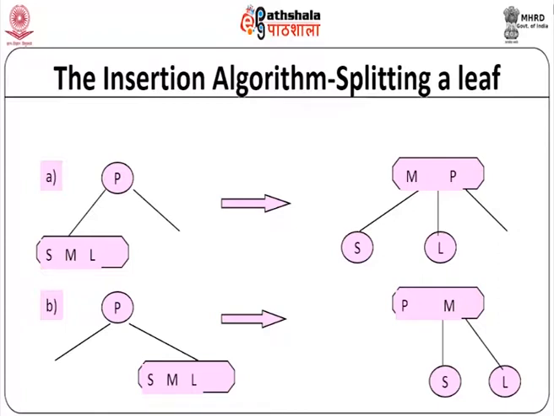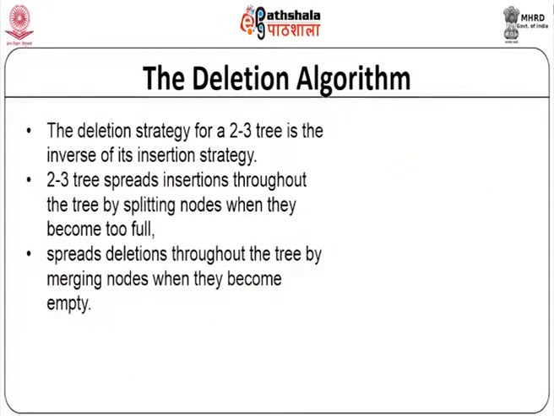No violation of property, done. The next case you have as a right child, here also no problem because the original parent had only 2 children or 1 value, now it has 2 values and 3 children, fine. M moves up, but M is placed to the right of P, that is the only difference. So, this is splitting the leaf, cases A and B.